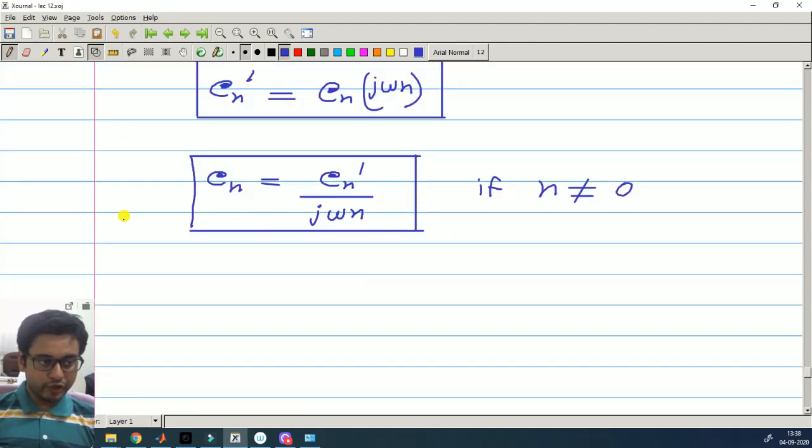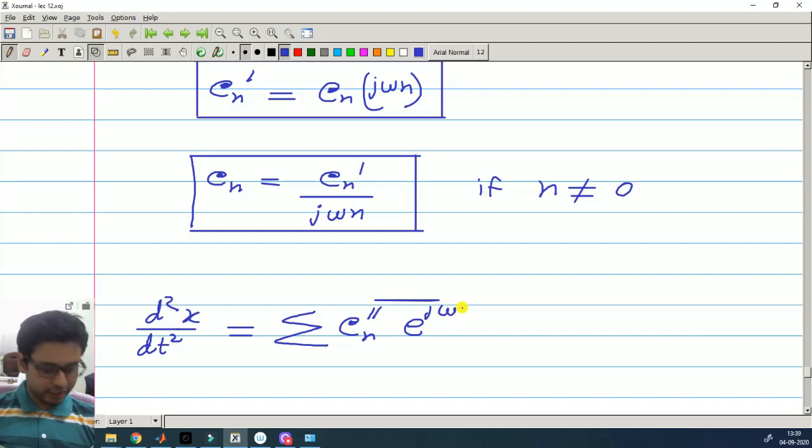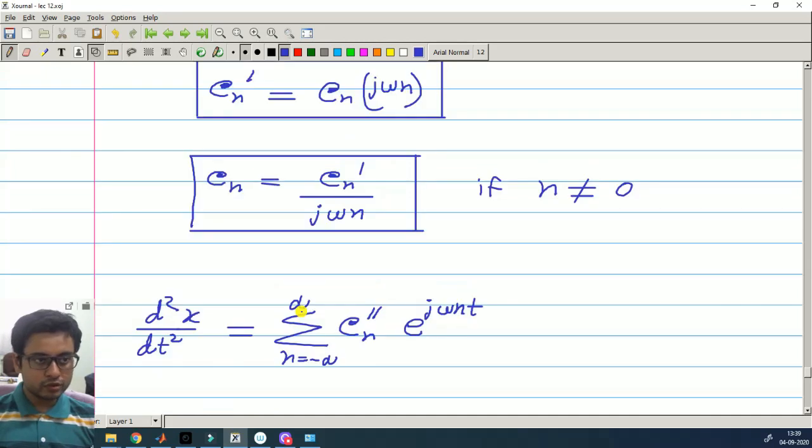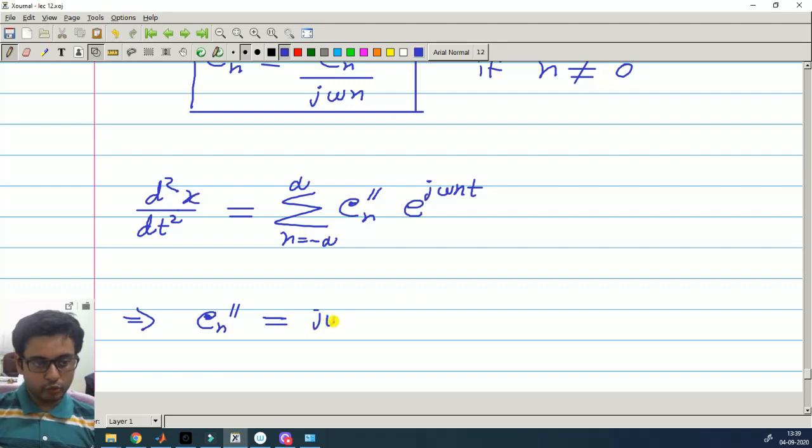And in the same way, if you consider the second derivative of x, and suppose the Fourier series of the second derivative looks like this: Cn double prime e to the power j omega n t, then in the same way you can say that Cn double prime will be equal to, from here, j omega n multiplied by Cn prime.